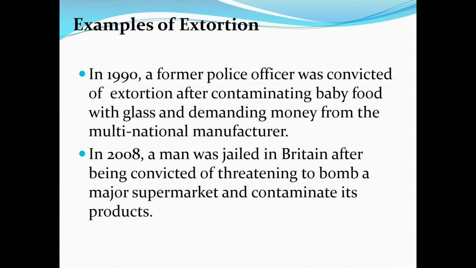A police officer intentionally contaminated baby food with glass, and he demanded money from a multinational manufacturer of the product. In 2008, a person was jailed because he threatened to bomb a major supermarket and contaminate its product. So basically, in order to get money from these companies, people use all these tactics.